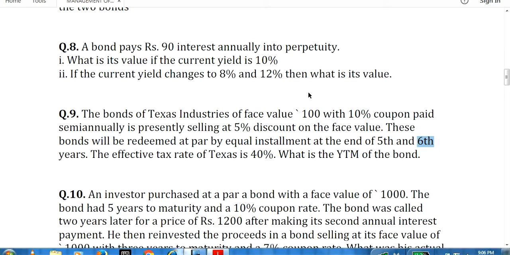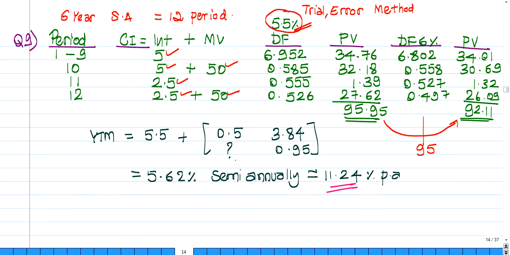It should be more than 5.5 because it is not a par value bond. Redeemed at par. So YTM will be more than the 5%.